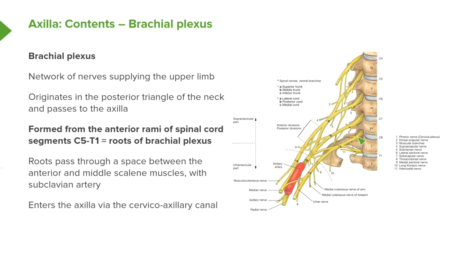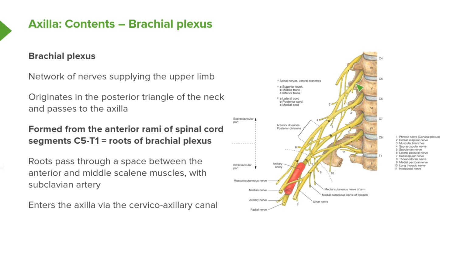And these are going to give rise to various branches that go on to form the brachial plexus. Here we've got the C4 vertebra coming down as C4, and then C5, C6, C7, C8, and T1. And these give rise to those nerves that go on to form the brachial plexus.